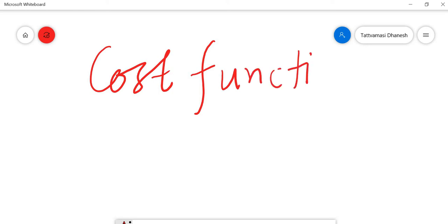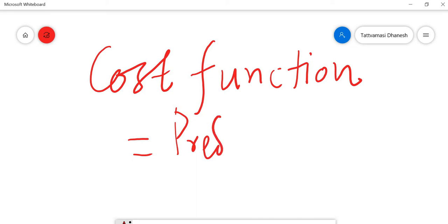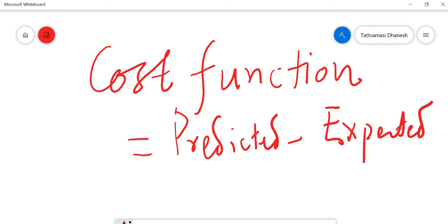These topics we already covered; you can see them in the previous videos. Cost function is equal to predicted value minus expected or actual value. This cost function denotes error. Cost function comes into picture in machine learning, artificial intelligence, even economics and statistics, all these branches of science.